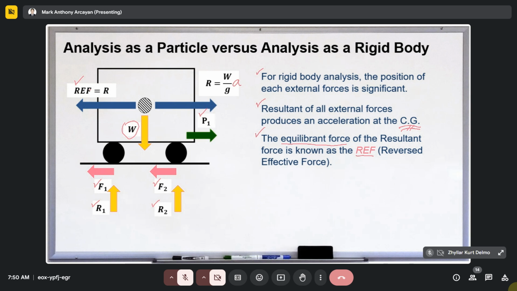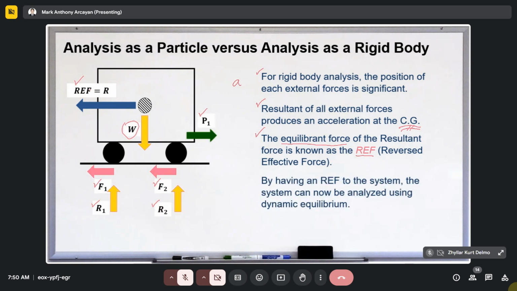Once you indicate the REF, we remove all the external forces for simplicity. You can now erase the resultant force because the resultant force has already been carried out by the REF.